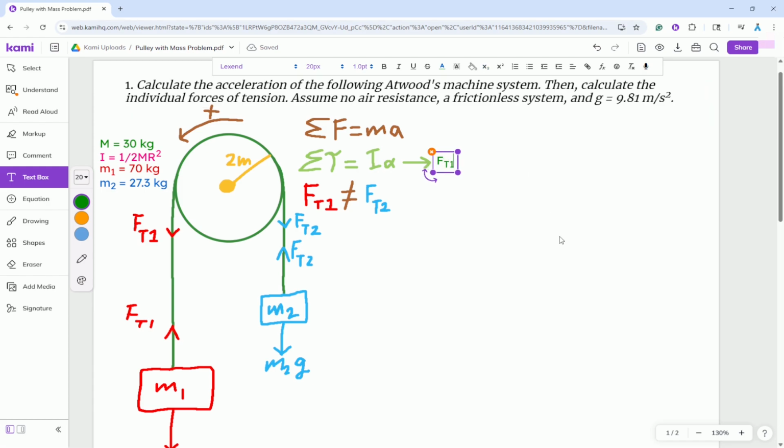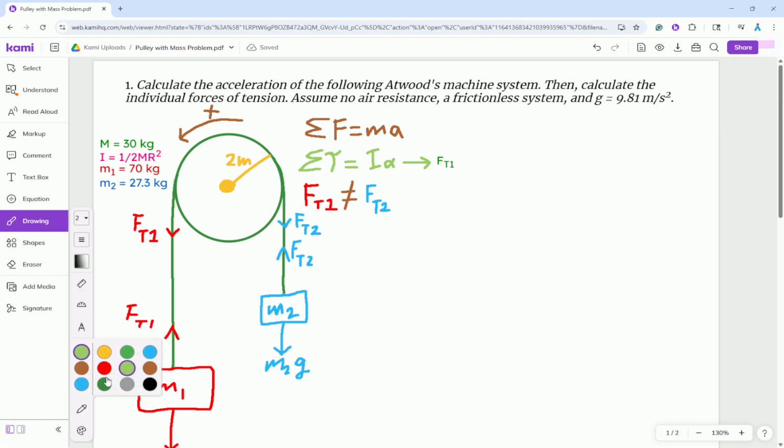but wait, you forgot something. What is torque? Torque, if you remember, is just R F sine theta. That's all torque is, R F sine theta.